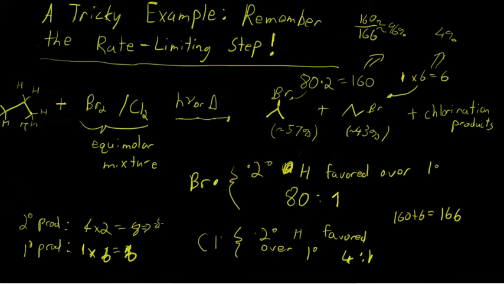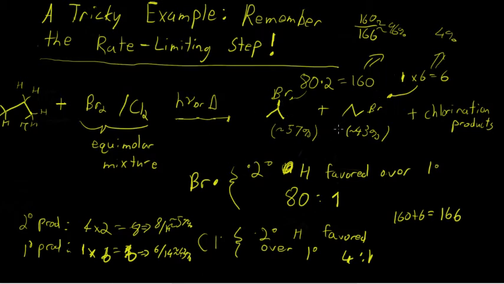So this would be 8/14, and of course, that's 57%. And this would be 6/14. This is about 43%. So it does seem like even though these are bromination products, they appear with the distribution you'd expect for chlorination products. Remember, we also have chlorination products forming, but we're not considering them here. So we're just looking at the bromination products.